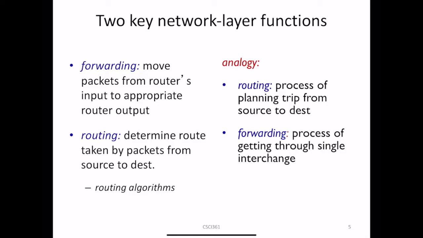Forwarding is just doing each step specifically. For example, in Oxford, which car you take to Memphis, and at Memphis International Airport, which airplane you take to fly to New York. That's the same as the two functions implemented in the network layer, which are forwarding and routing.